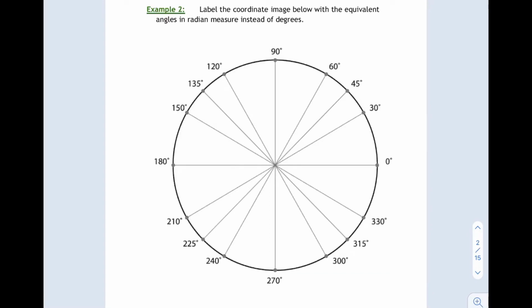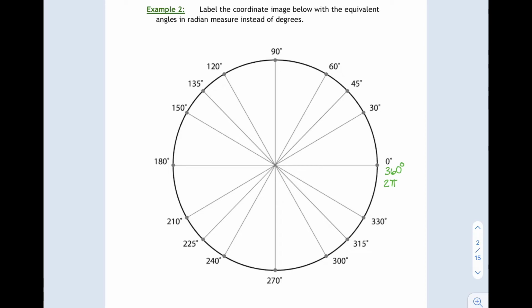Okay, one thing we're going to have to get really comfortable with is converting back and forth between radians and degrees, especially on our major common angles, like our 30, 60, 45 degree angles. So the easiest place to start is to think about the fact that the whole 360 degree rotation is 2 pi radians, and break it down from there. So 360 degrees equals 2 pi radians.